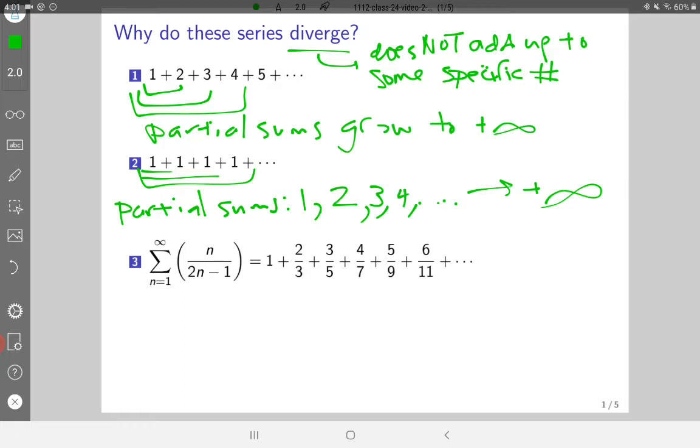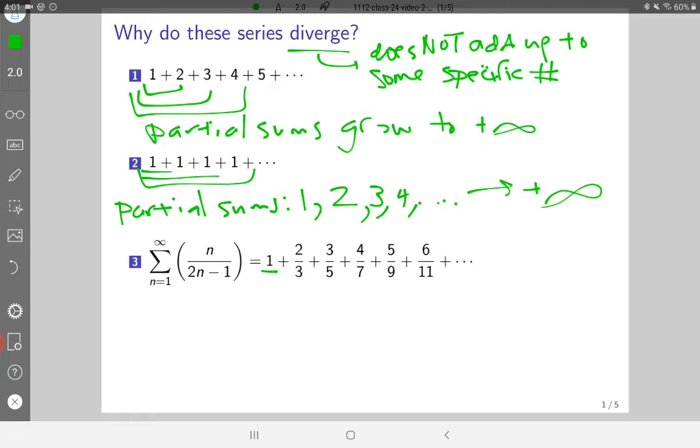Now, the third example down here is a little different because it's not quite as obvious maybe what's happening with the terms themselves that are being added together in this series. So do you notice anything about a pattern in the terms? I see the numerators are all 1, 2, 3, 4, 5, so the whole numbers. That's coming out of the n in the formula there.